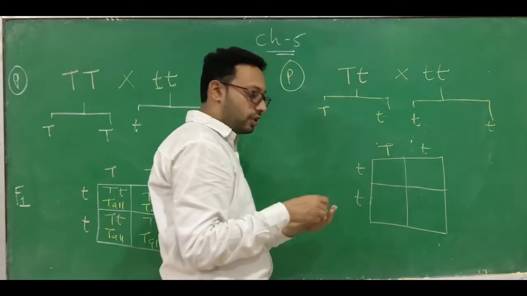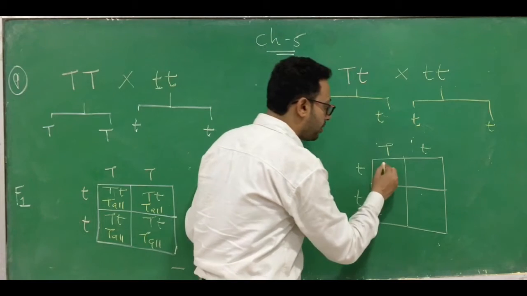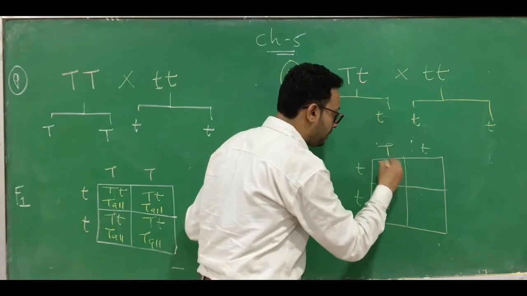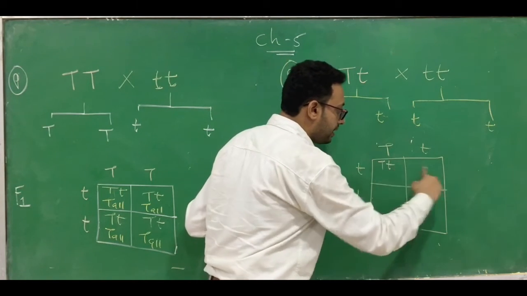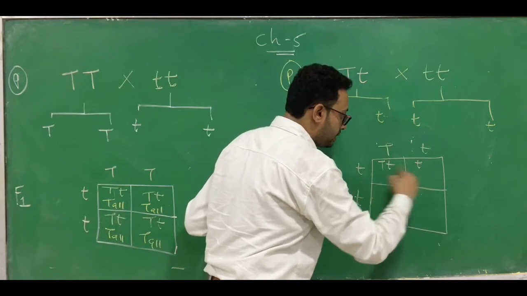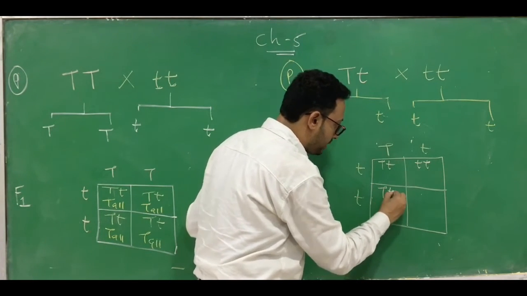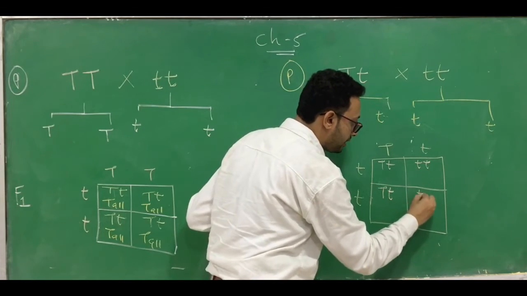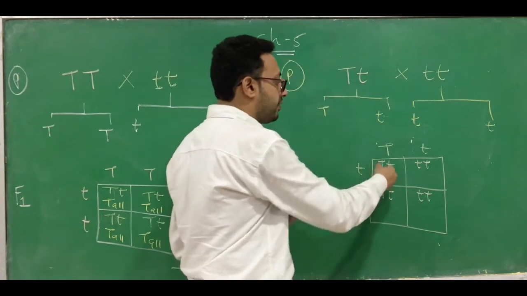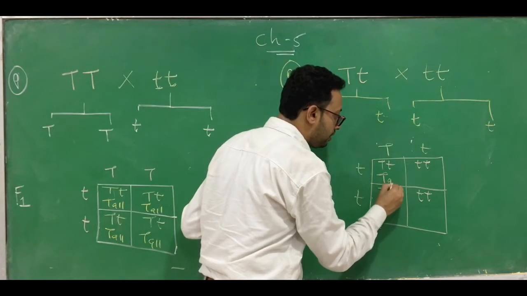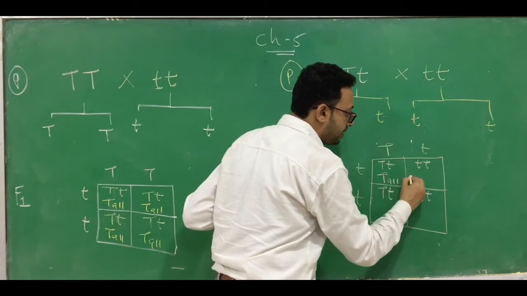Now mix the row and column. So here capital T, small t. Here small t. Same. Here capital T, small t. Here small t. Now you know the meaning of capital T small t. It is tall. Here it's a dwarf.